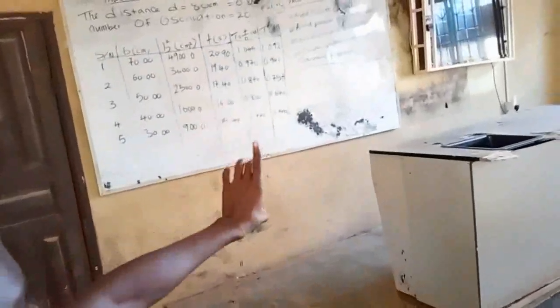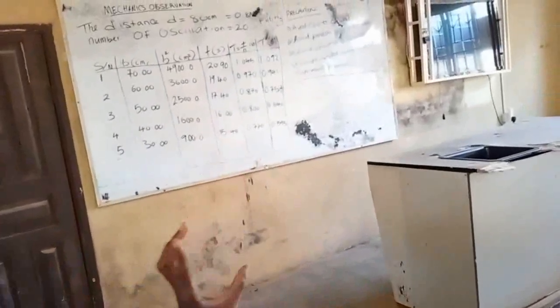If you cross-check the T square, the highest value that we have there is 1.092, that is the largest value, while the smallest value there is 0.593.